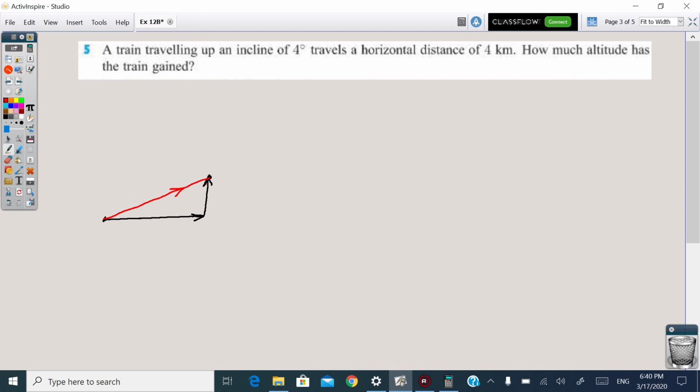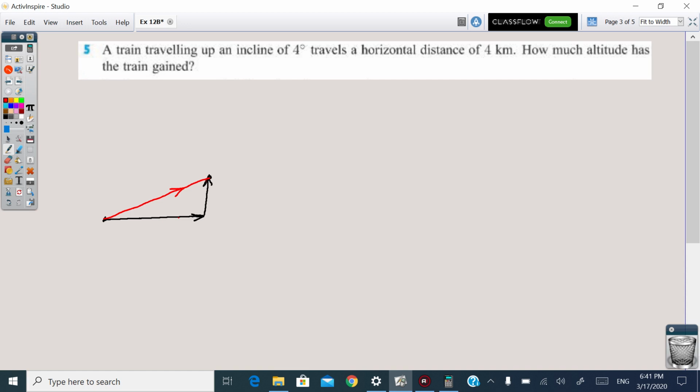Those two, the horizontal and the vertical, are components of this part of the journey, the red line. So it's a nice word to understand, component. We are basically saying that the sum of those two parts of the journey is this red part of the journey, because instead of going this way and that way, you can directly go from here to here.